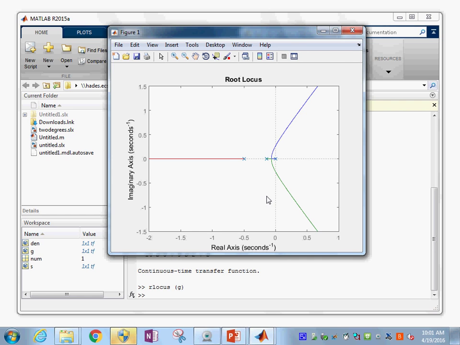Even if you sketch the root locus plot by hand, it's hard to follow which one goes where. But in MATLAB, you can actually do it. And in here, you see this one, the red follows the red path. So what you are seeing here is the locus of all three of the roots.